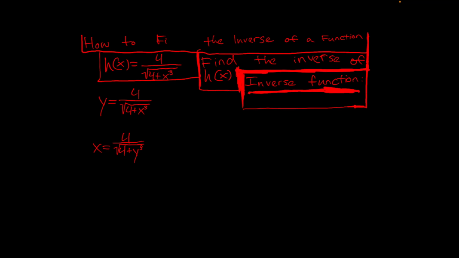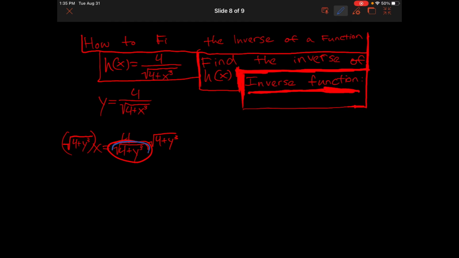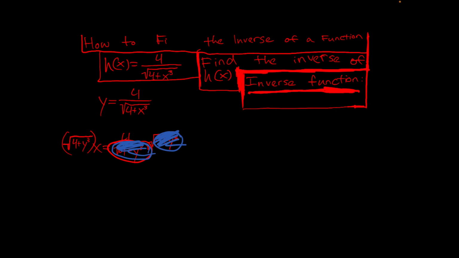Alright, so now we're going to multiply both sides by the square root of 4 plus y cubed because we want to get rid of this denominator. And they cancel each other out. Now we're left with the square root of 4 plus y cubed times x equals 4.